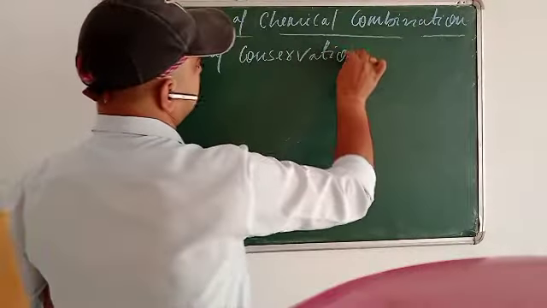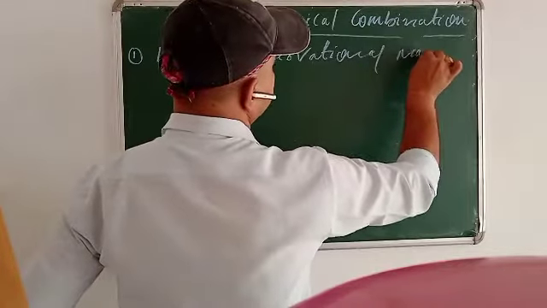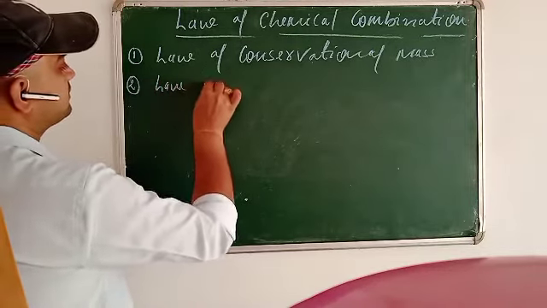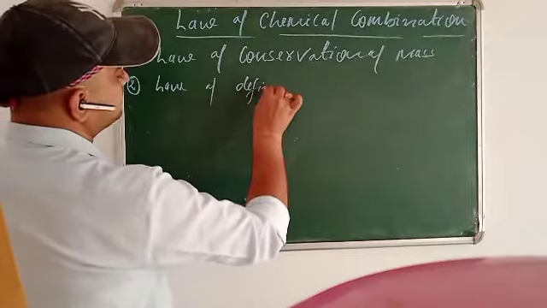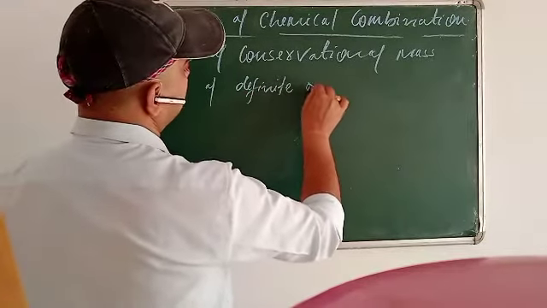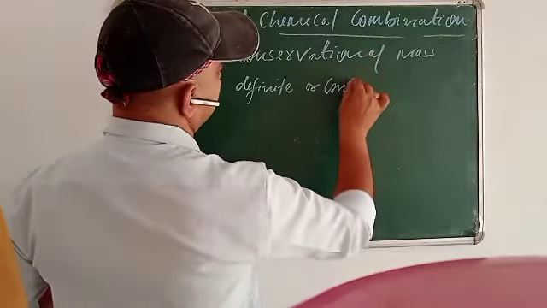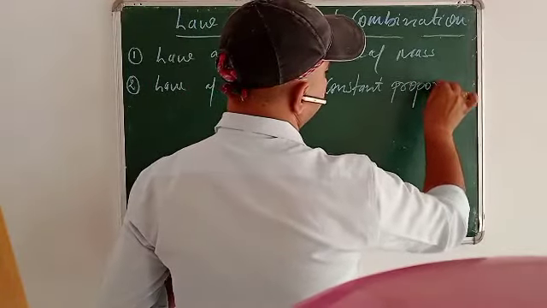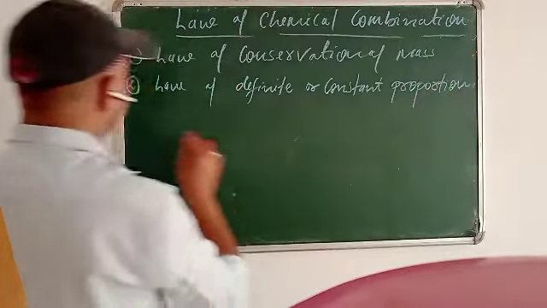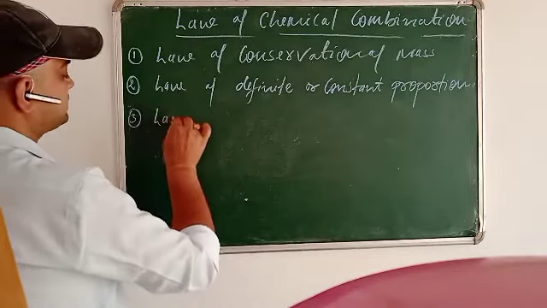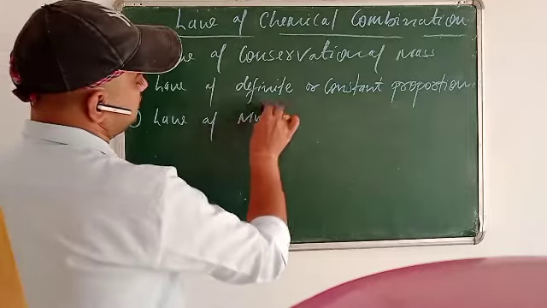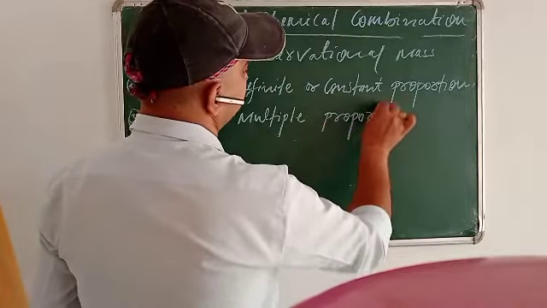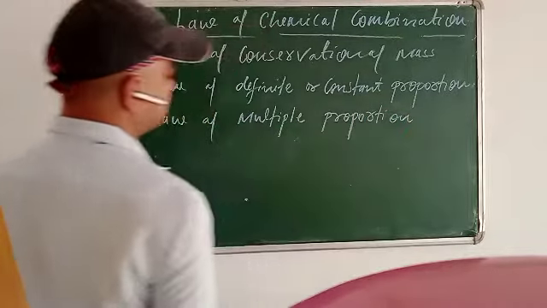The second one is the law of definite or constant proportion. The third one is the law of multiple proportion.